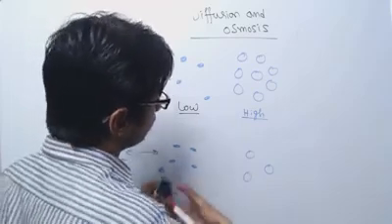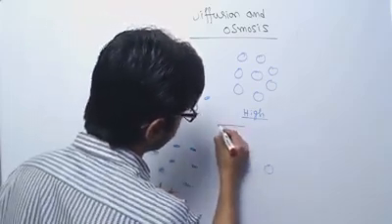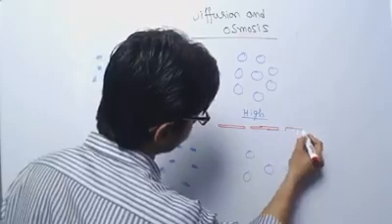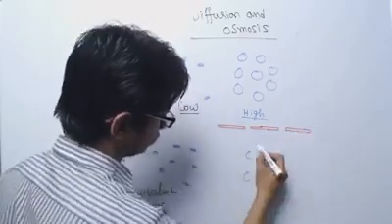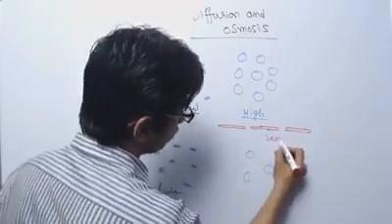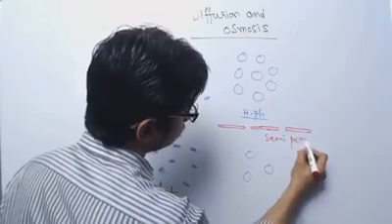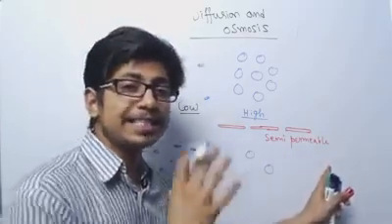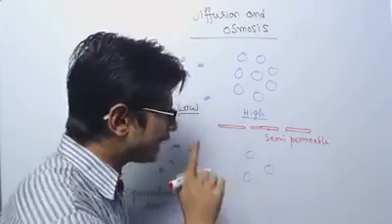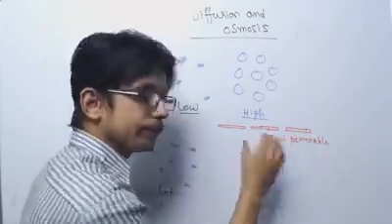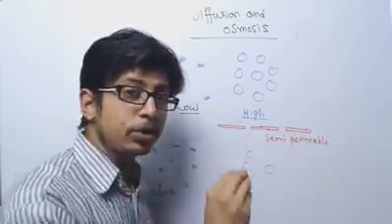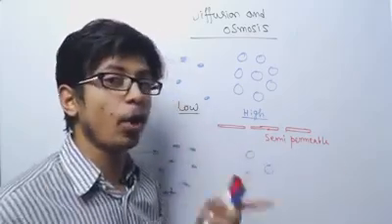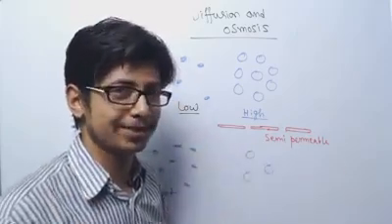So this is the semi-permeable or selectively permeable membrane. That means this membrane will allow molecules to pass selectively. So this membrane will not allow all the molecules to pass.